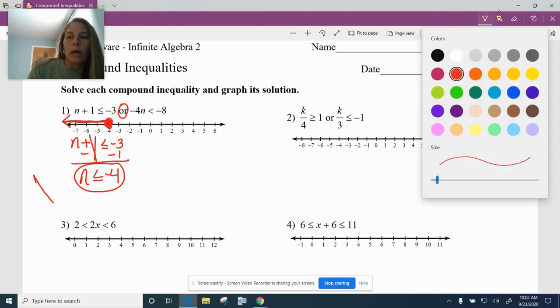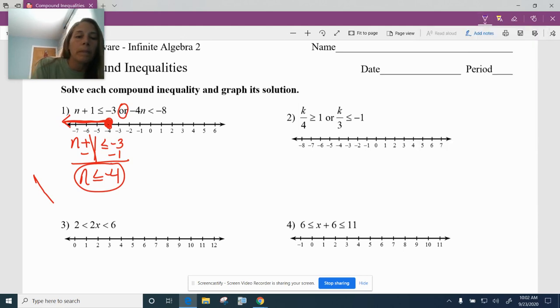Now when I go to do the other side of my problem, I have -4n is less than -8, and I'm going to divide by -4. Now remember, when you divide by a negative with an inequality, you need to reverse the direction of the sign, and -8 divided by -4 would be a +2.